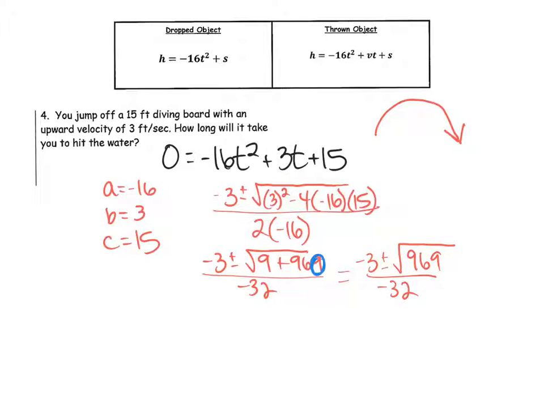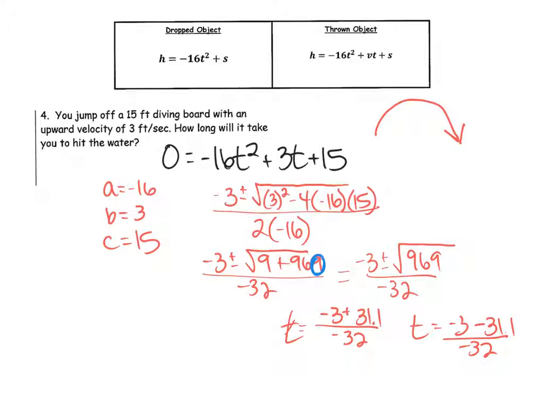Well, I just did the square root of 969 on my calculator. You can leave it like this. This is okay with me because the numbers are so big. But here's what the square root of 969 is. It's 31.1. So I could do this. T equals that, or T equals negative 3 minus 31.1 all over negative 32.